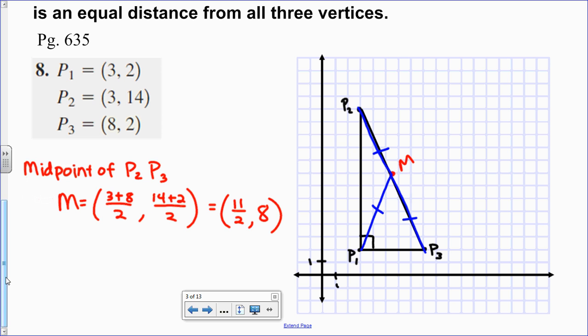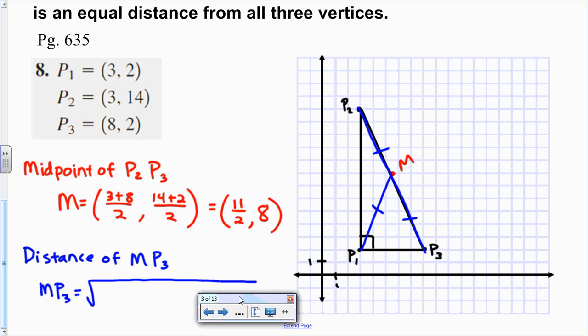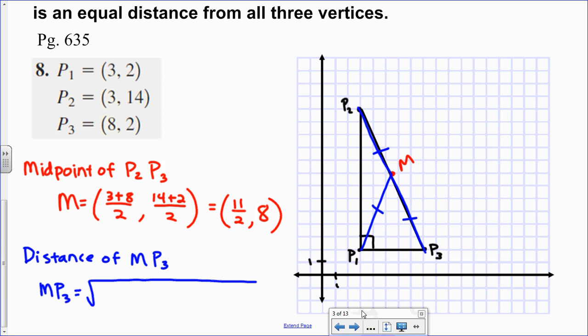So let's just do M to P3. So let's start there. I wrote M first, so I'll call that x1, y1. P3, I'll call my x2, y2.